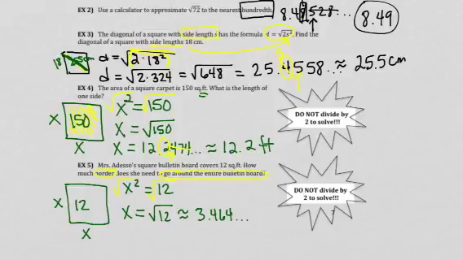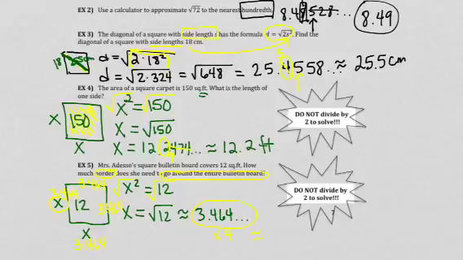So what we figured out is that this side is about 3.464, and this side down here is about 3.464, which means this side is about 3.464, and the top is about 3.464. So I could add up all the sides, or I could just take this answer, multiply it by 4, and that will give me a good amount of border.